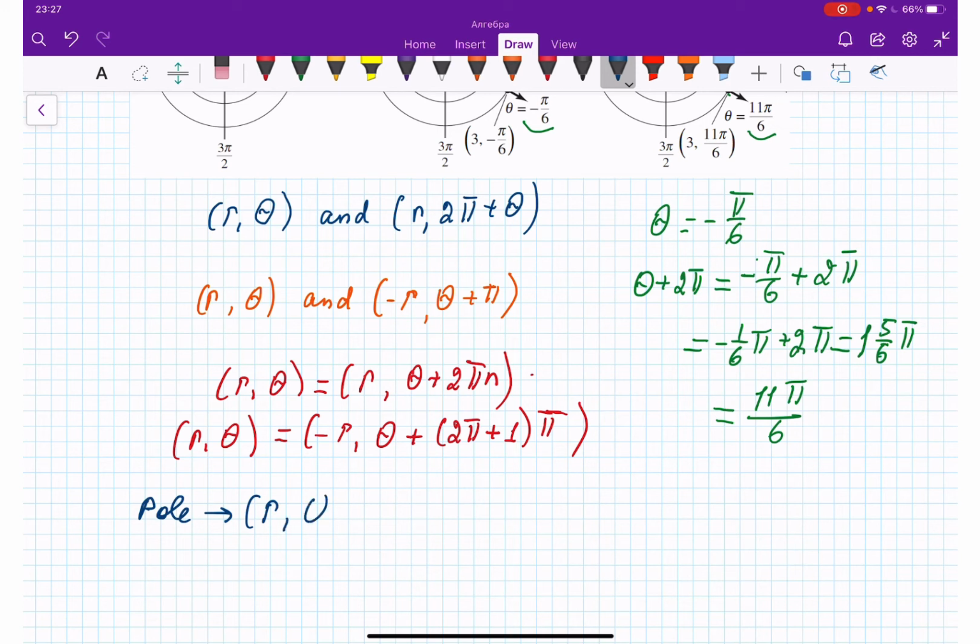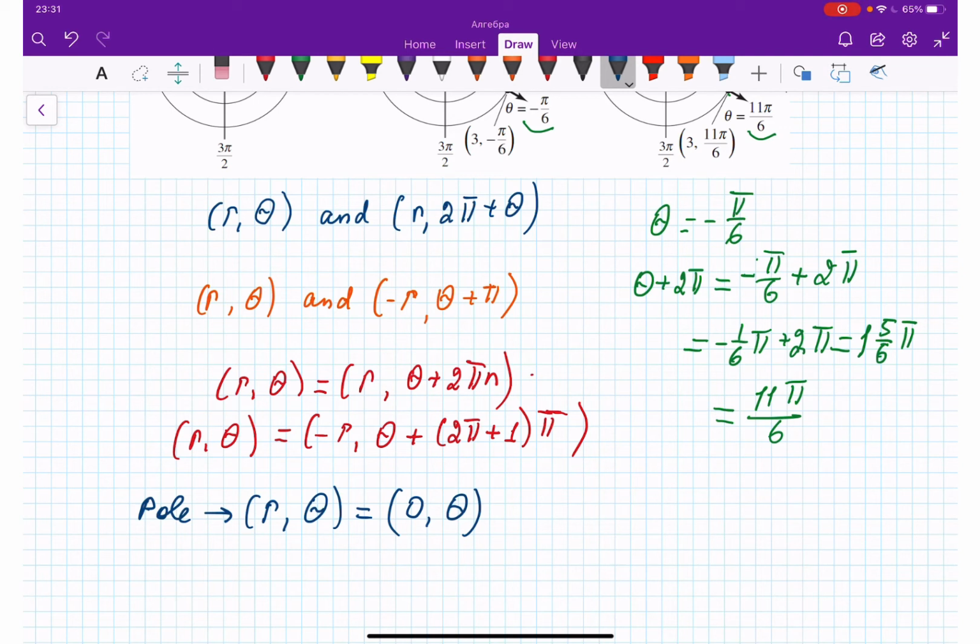So it's r, theta, which is going to be equal to distance 0, right? Because it's the pole itself. There is no distance. And theta can be any angle. Or rather, I would say it's undefined because it can be anything, any angle. Okay?